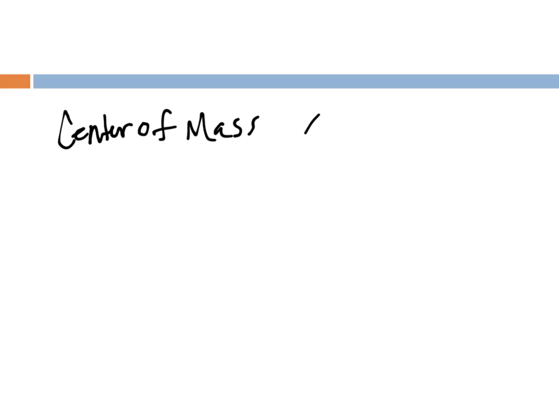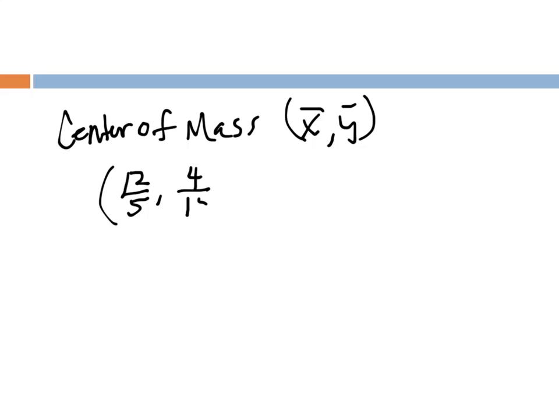So our center of mass, which is the x bar, y bar, just as a reminder, is actually 12/5, 4/15. And that's the place where we could put a fulcrum and we could balance this planar lamina.